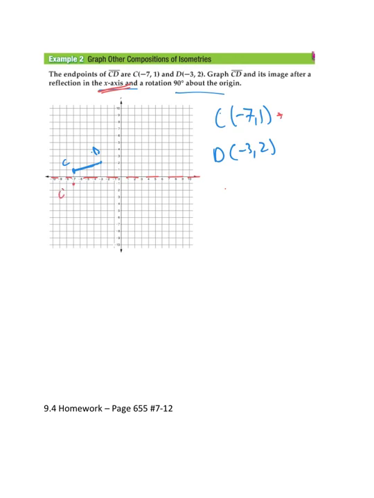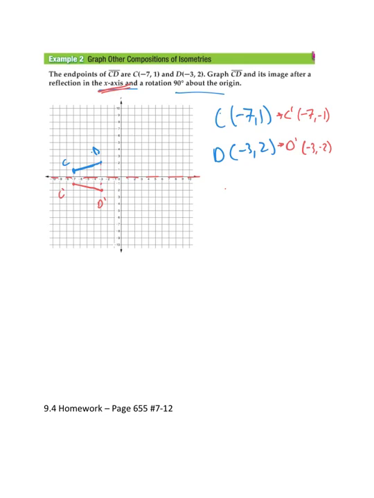So our C prime point is -7, -1. D prime would be, well, it's 2 units above, so we go 1, 2 units below. There's D prime. -3, -2. That was the first transformation.